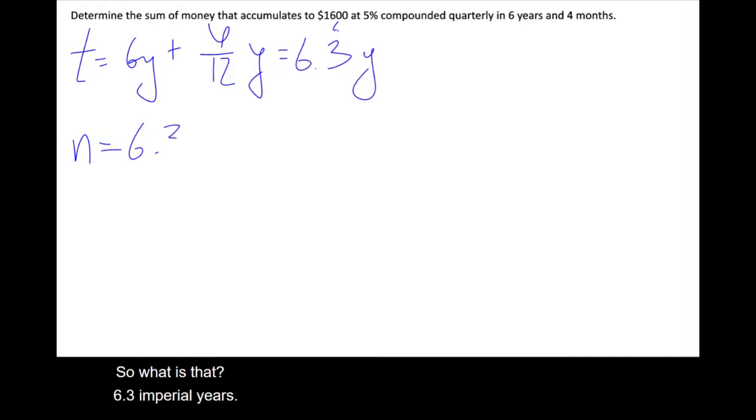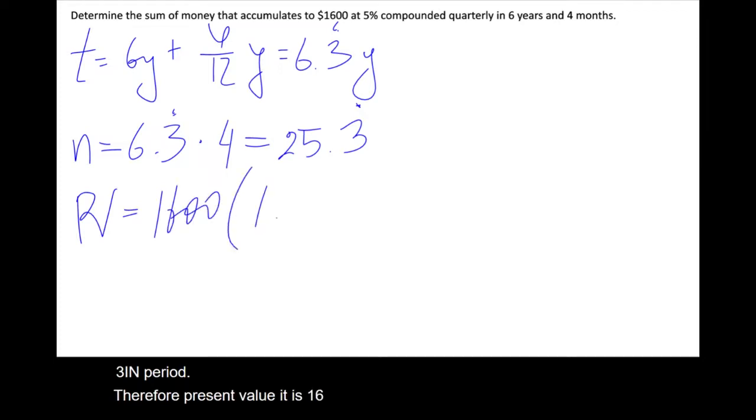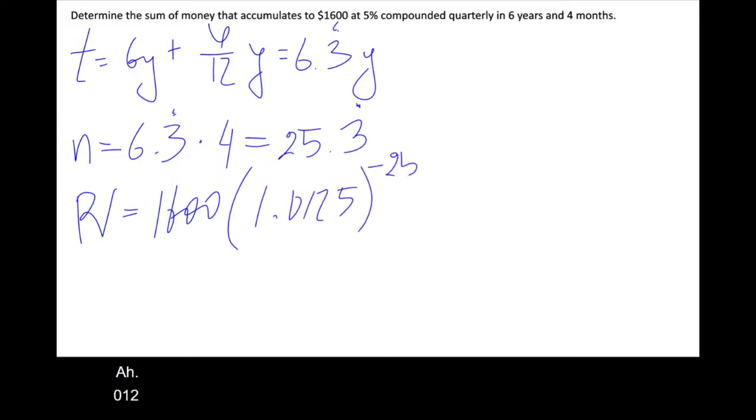N is 6.3 in period times 4, and it is 25 and 3 in period. Therefore, present value is 1,600 times 1.0125 to the negative 25 and 3 in period.